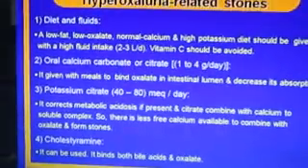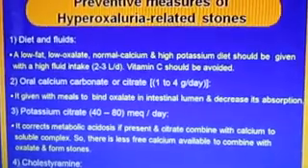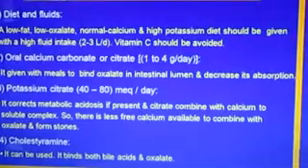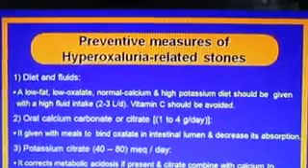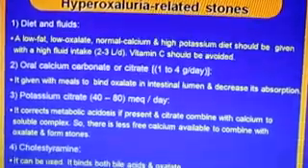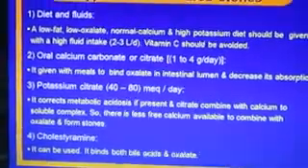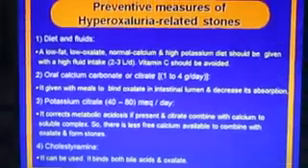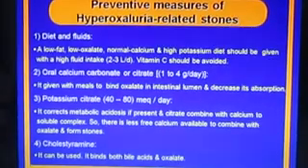Oral calcium carbonate or citrate from 1 to 4 gram per day, given with meals to bind oxalates in the intestinal lumen and decrease their absorption. Potassium citrate from 40 to 80 milligram per day corrects metabolic acidosis if present, and citrate combines with calcium to form a soluble complex, so there is less free calcium available to combine with oxalates and form stones.